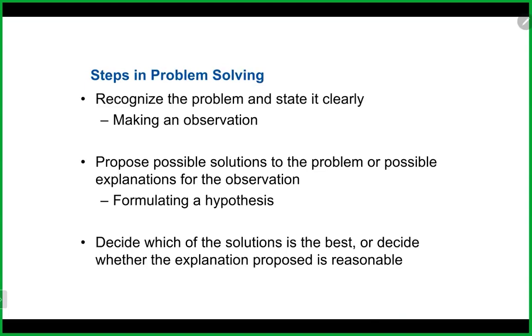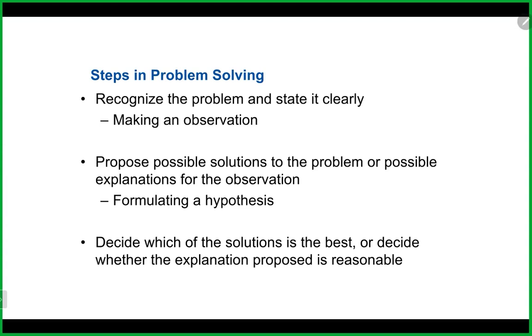So let's talk a little bit about one of the main aspects of chapter 1, which is the idea of the scientific method and problem solving. Usually we want to think about some type of observation that we make, and that's usually the start of any type of experimental process. You observe something that happens and you go, oh, that was interesting. Or you're working for somebody and they go, oh, that's quite interesting. Maybe you should go explore that.